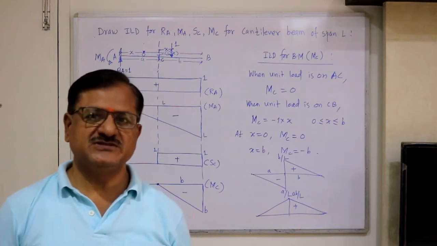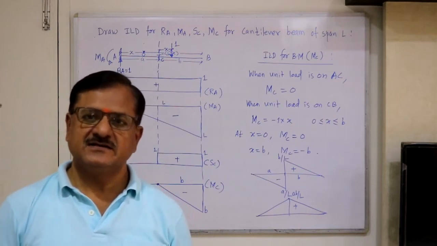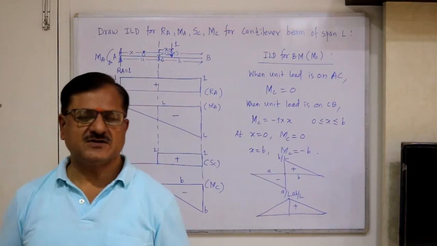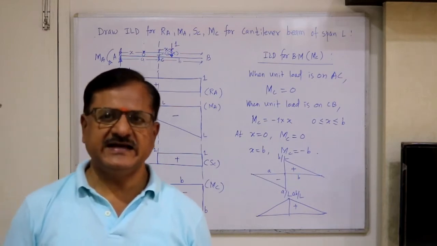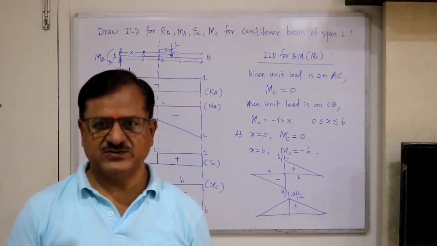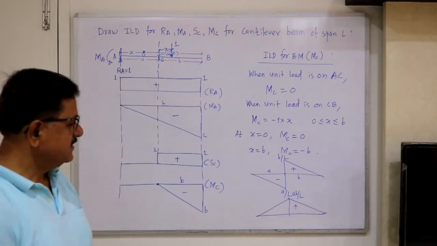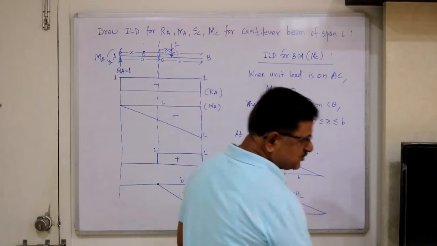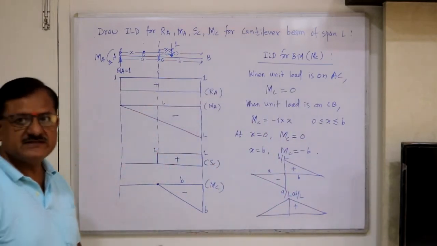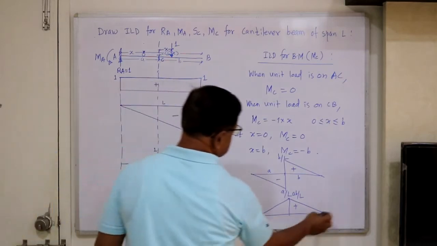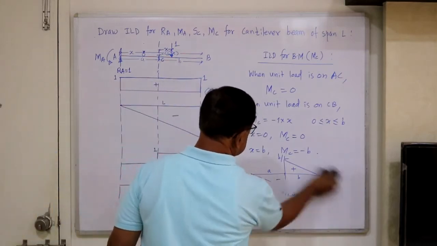So you must be in a position to draw ILDs directly. This topic that way is very easy. Any ILD you can construct within 1 minute only. Even if you have 10 minutes to solve a particular problem, here you can complete it within 2 to 3 minutes by using the Muller-Breslau principle.